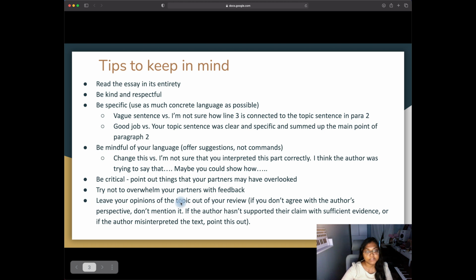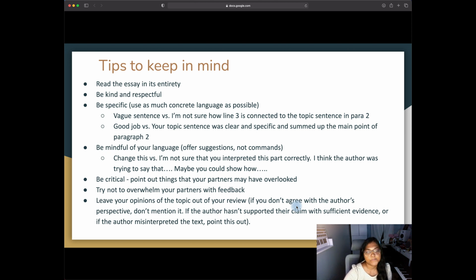And leave your opinions of the topic out of your review. For example, if you don't agree with the author's perspective, don't mention it. If the author hasn't supported their claim with sufficient evidence, or if the author misinterpreted the text, then that's something that you can point out. So it's fine for us to have different perspectives on the topic or different interpretations of the text.